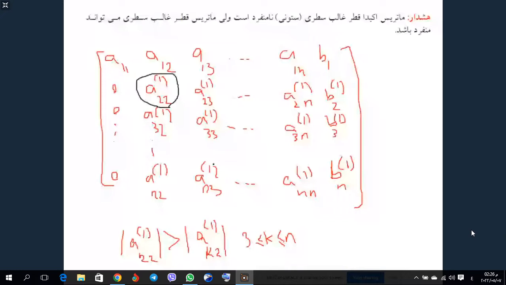Finally, I am saying that if you have a strictly column diagonally dominant matrix, you don't need pivoting.